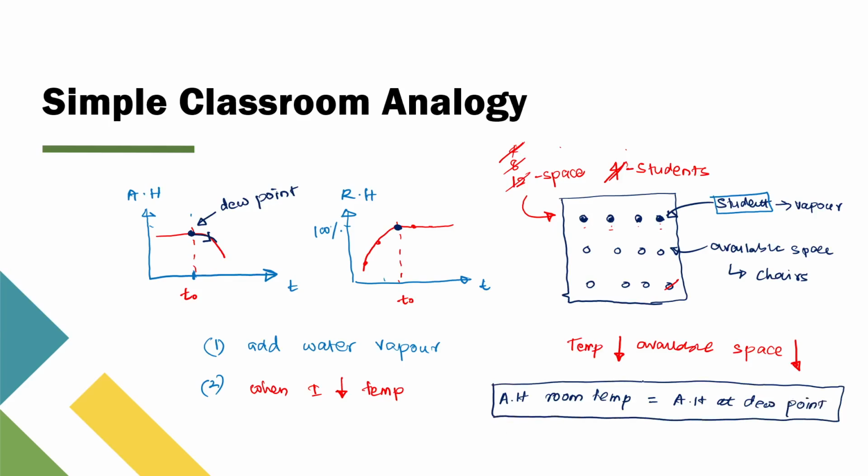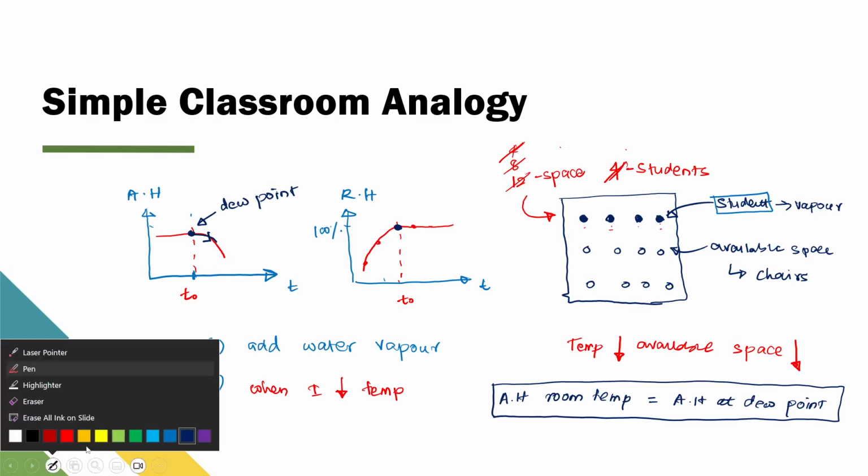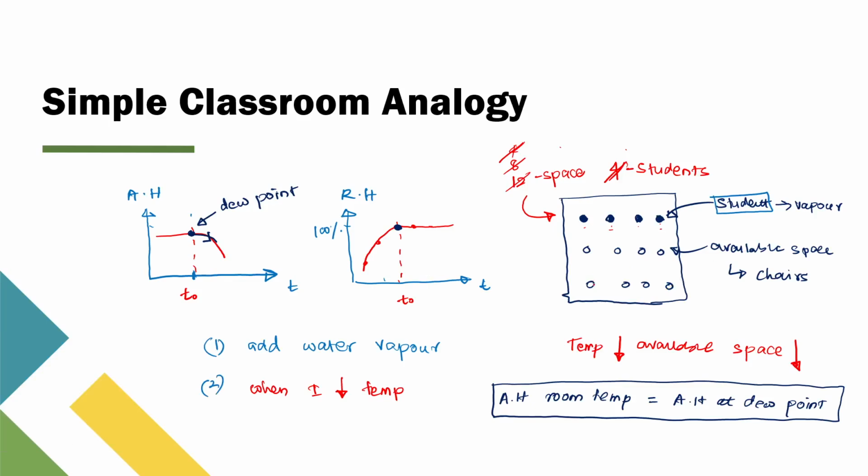Now this is a very important idea you have to remember. If you didn't understand how it happens, let me explain it once again. Now look, this classroom has 4 students, right? So there are 8 available spaces. If I reduce the temperature, then these spaces or chairs are taken away. But did the number of students change?